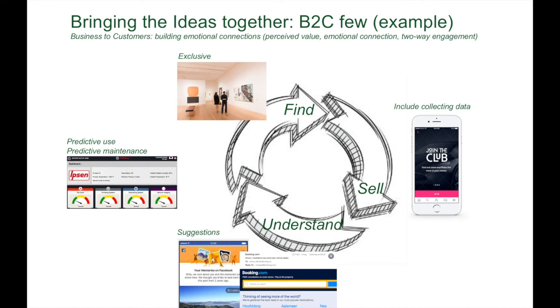And with the data that I'm gathering, I really must understand what this specific customer is doing. And maybe I can already come up with suggestions. I believe that's something that Facebook is doing pretty nicely. They basically show me where I was some years ago.